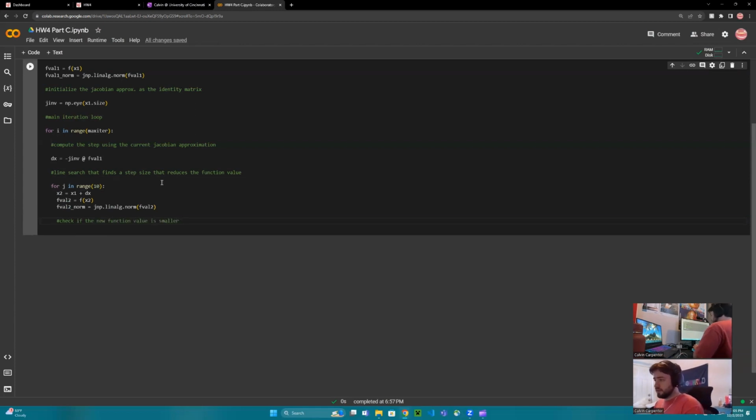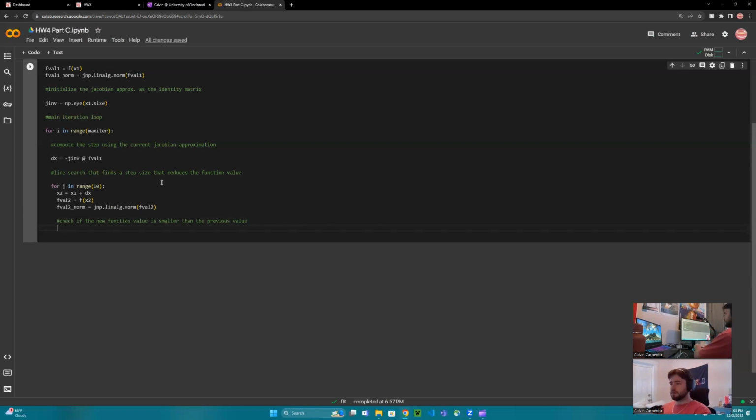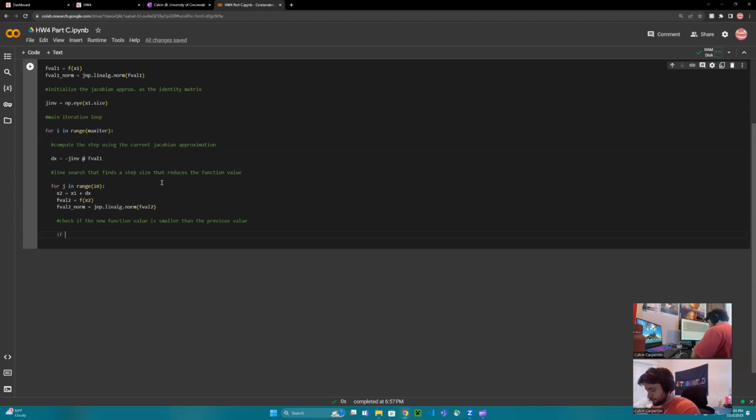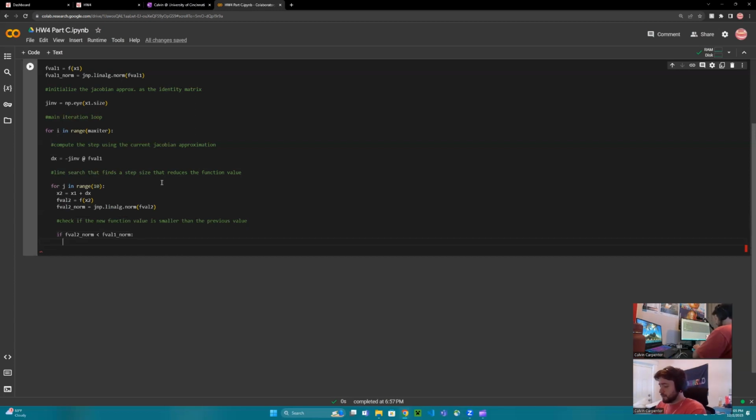So now we're going to check if the new function value is smaller than the previous value. Okay. So if the fval2 norm is less than fval1 underscore norm, we're going to break if this is the case.